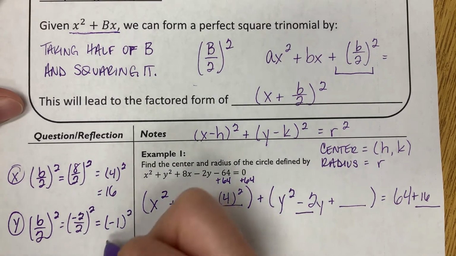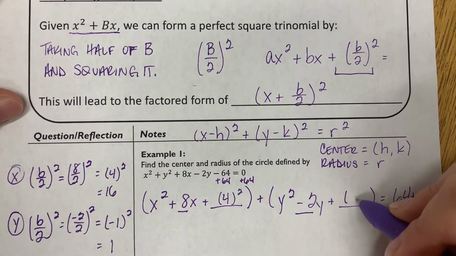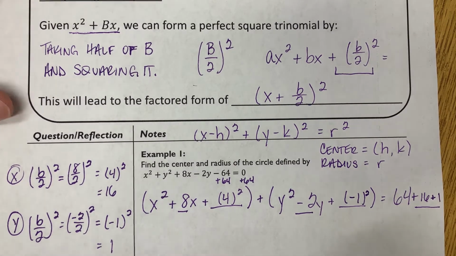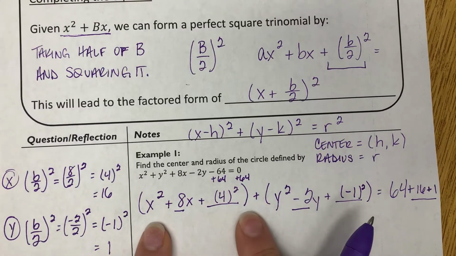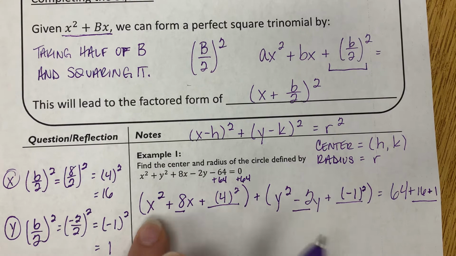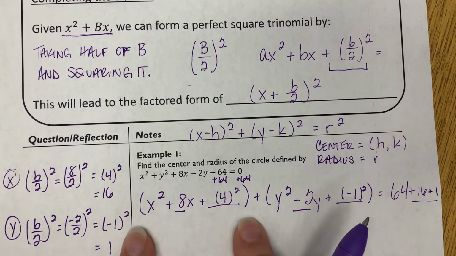And -1 times -1 is going to give us a +1. So here, I'll write it in that form, but here I'll write it in that form. So what happens is, if I just look at my x expression, x squared plus 8x plus 4 squared, that's a perfect square trinomial.